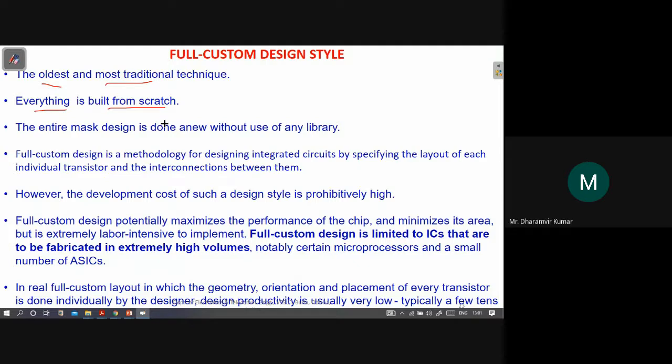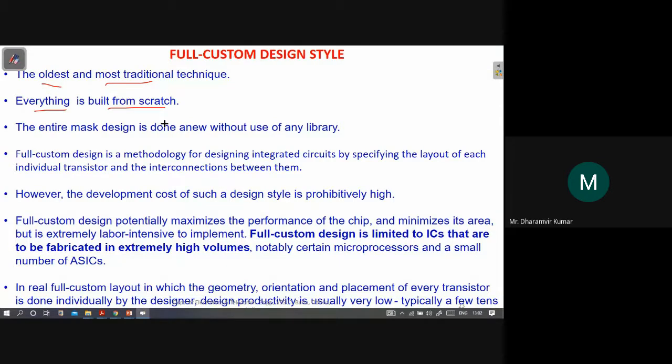For example, NAND gates, NOR gates, XOR gates, AOI gates, then multiplexers, flip-flop registers, all this memory. Obviously, they should come from some library. Our library is a collection of those components, and from that library, we can pick up the components desired and construct the circuit by connecting them properly.